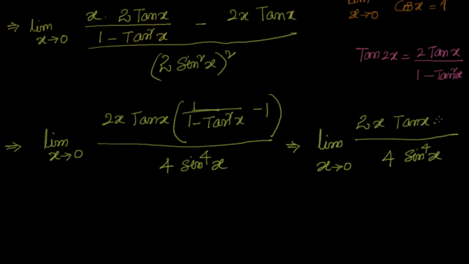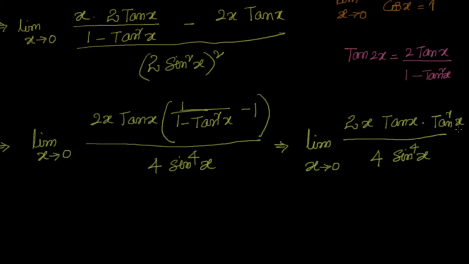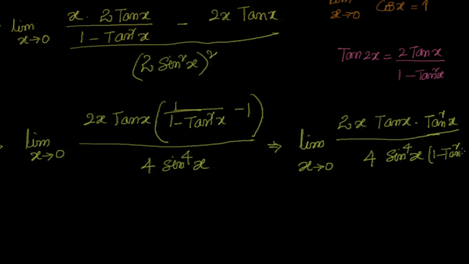After this simplification, this will become tan square x divided by 1 minus tan square x. This will be equal to 2x into tan square x, which is tan cube x.